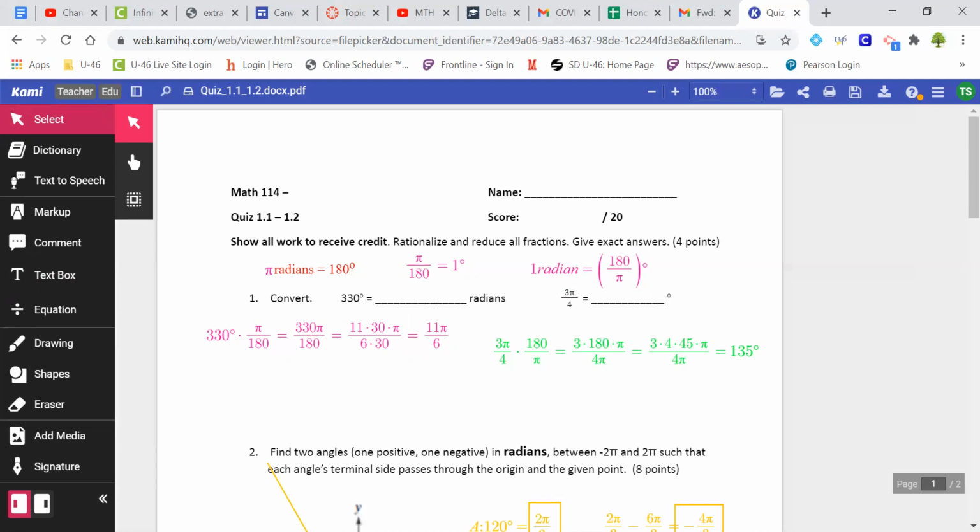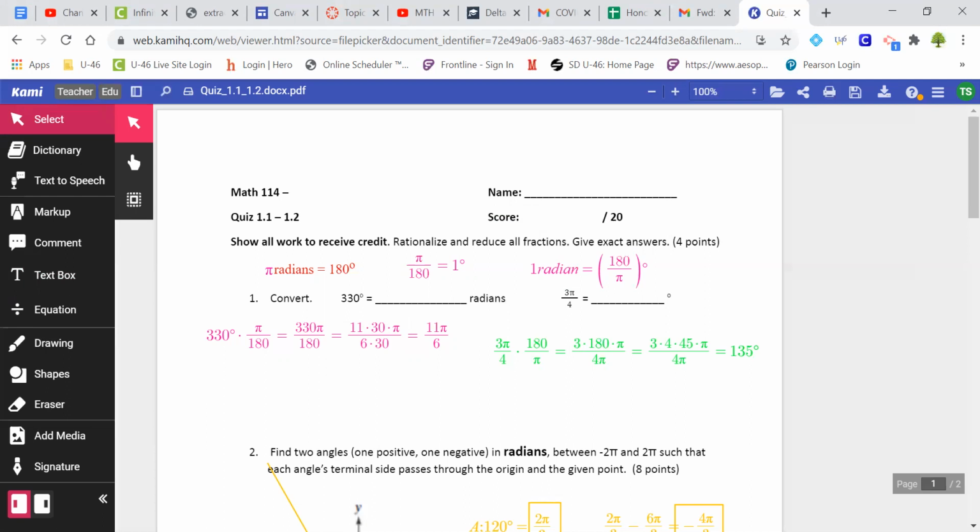And back to this, pi radians is 180 degrees. This is an equation, so I get to do almost whatever I want. I'll divide both sides by pi. If I divide the left side by pi, I end up with 1 radian. If I divide the right side by pi, I have 180 over pi degrees.